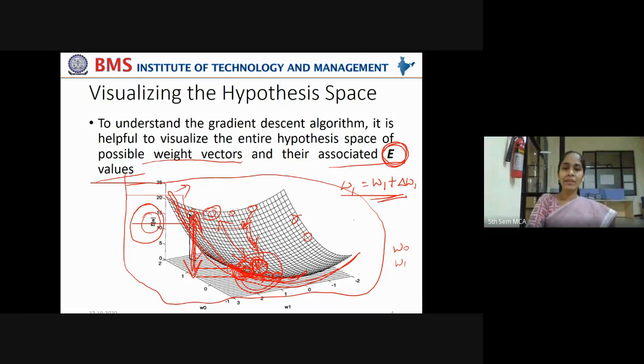This point is called the global minimum. At each stage, it is checking its local minimum. Local minimum means, in every iteration, what is the prediction error? Based on the prediction error, it is adjusting the weights and proceeding further. So it is trying to find the local minimum, proceeding further in order to reach the global minimum.